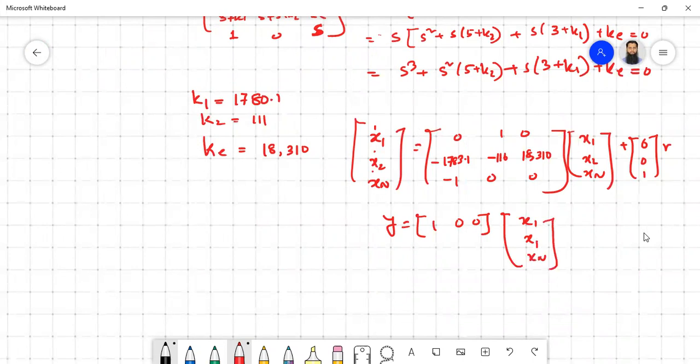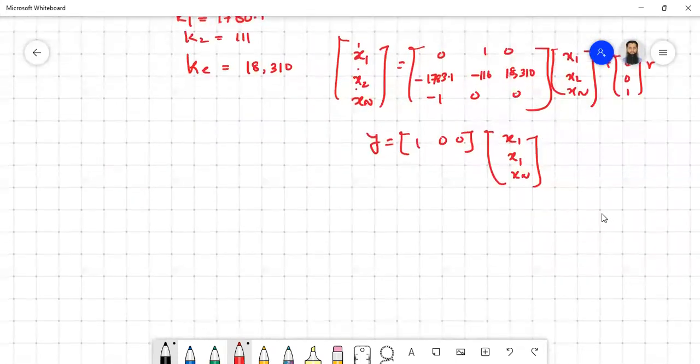Now you can also validate whether your system has a zero or not based on your closed loop transfer function.